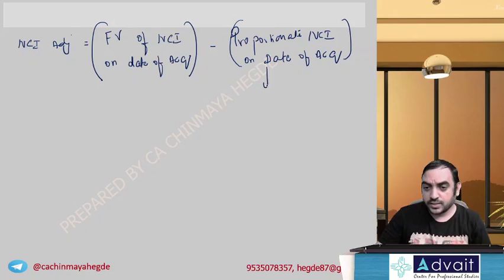And proportionate NCI is calculated by share capital, again everything proportionate, plus pre-acquisition profits plus fair value adjustment.